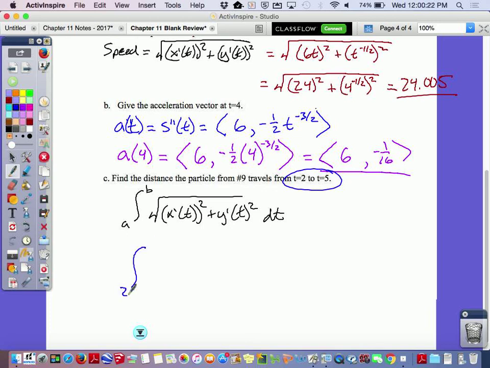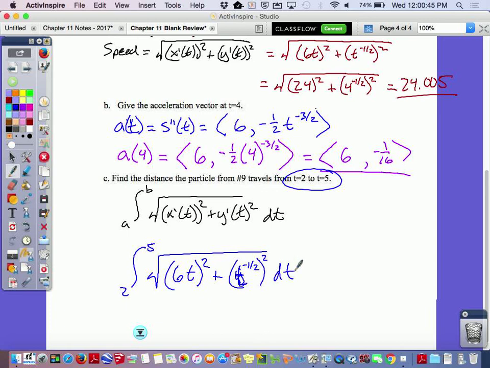So we're going to do the integral from 2 to 5 of the square root of 6t squared plus t to the negative 1/2, squared, dt. Oh, I'm sorry, that's a t. Whoops.